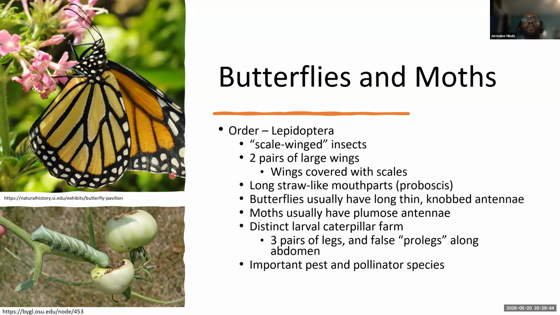Butterflies usually have long, thin, knobbed antennae like this, while moths have plumose antennae or feather-like antennae. Other than that, there's no real difference between a butterfly and a moth. It's kind of just charisma. They have this distinct caterpillar form. So they start out worm-like, they go through that signature pupa, and they develop into this butterfly with the wings, showing that complete development. They're important pest and pollinator species.